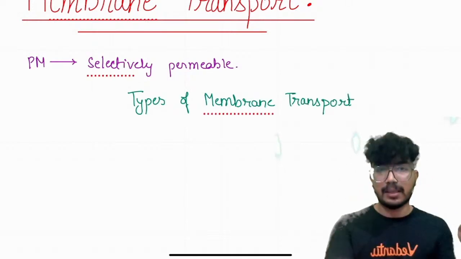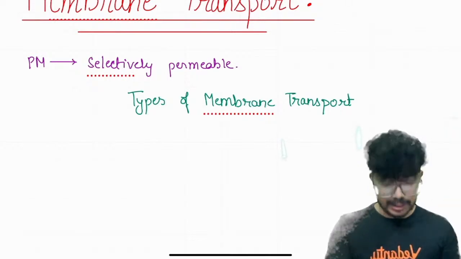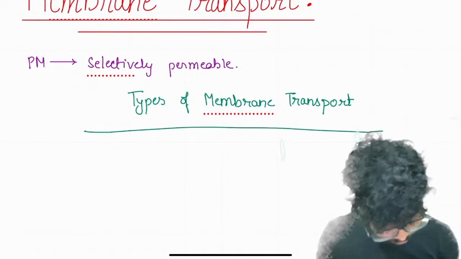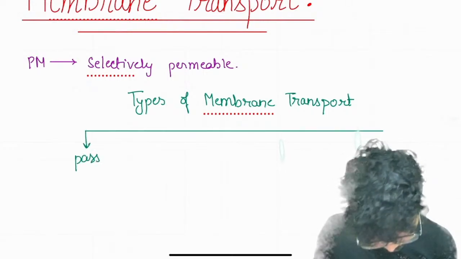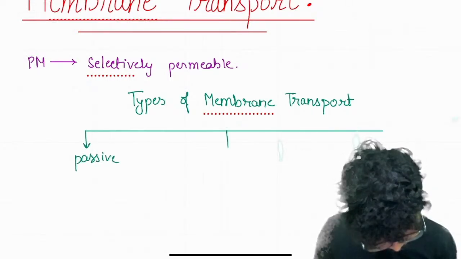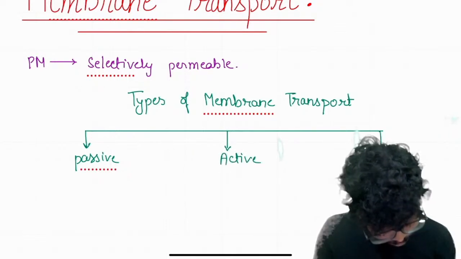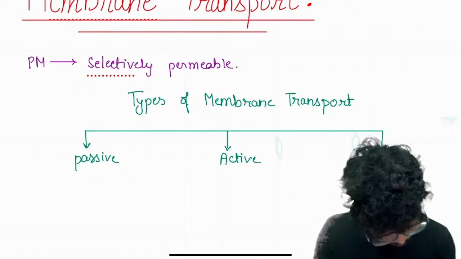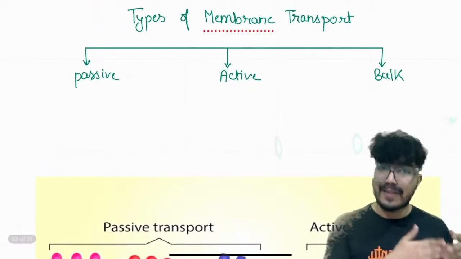You can have three major types: passive, active, and then bulk transport. For passive, you can have diffusion and facilitated diffusion.